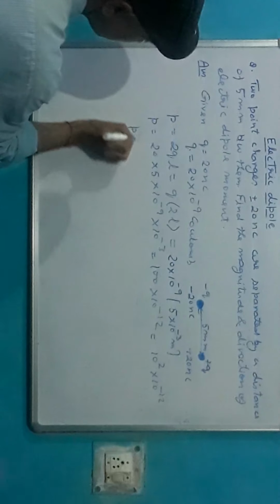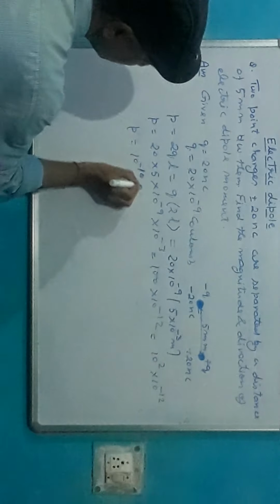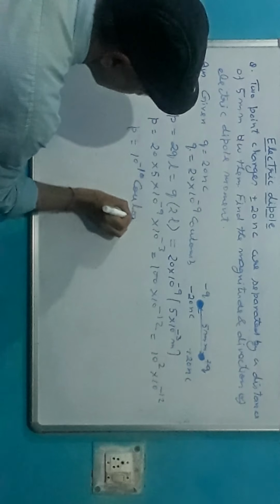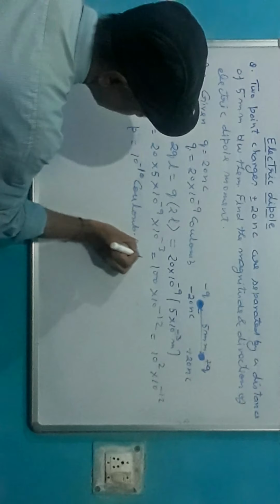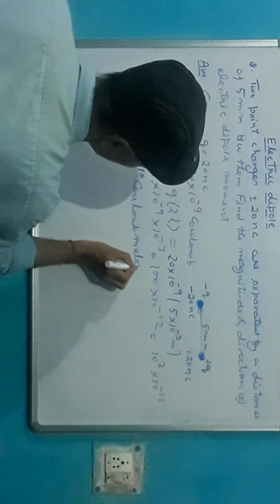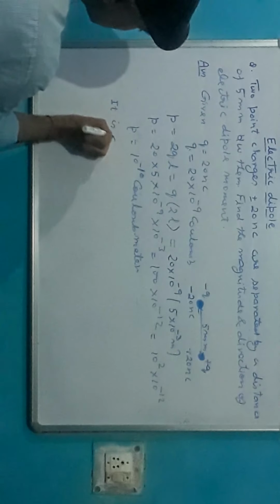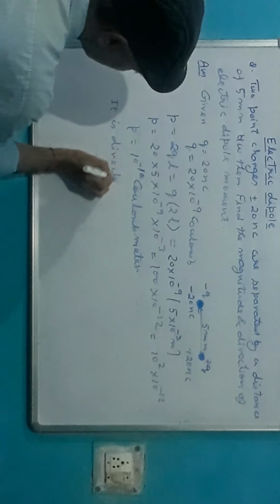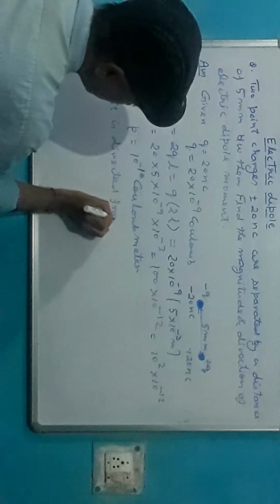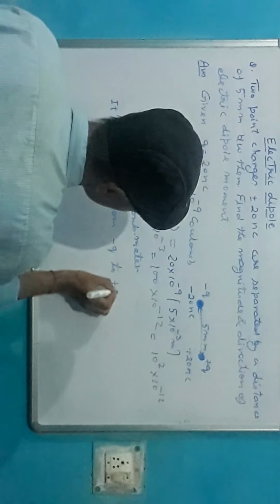In the next step I can write 10 to the power minus 10, and the unit is coulomb meter. The direction is from minus Q to plus Q charge.